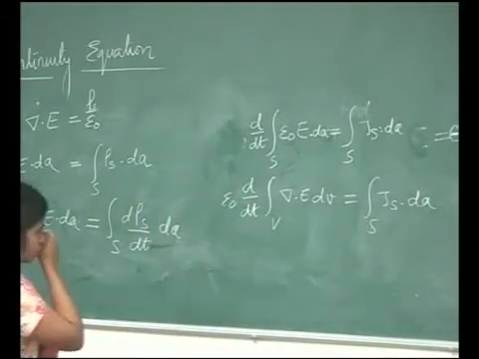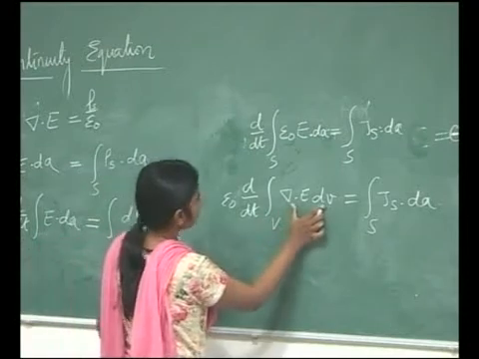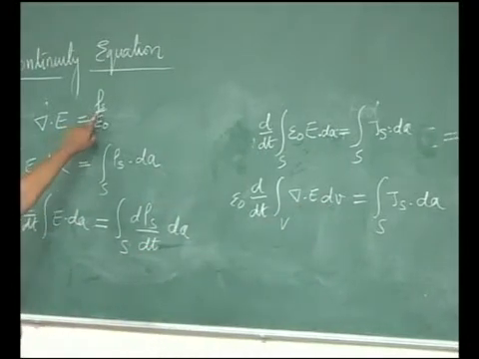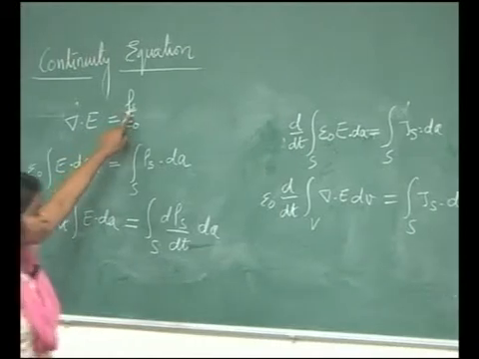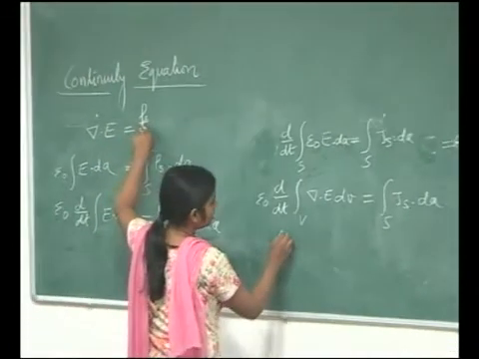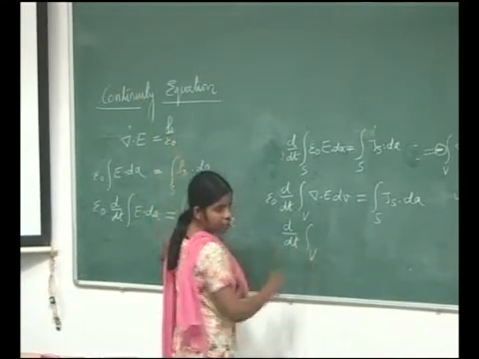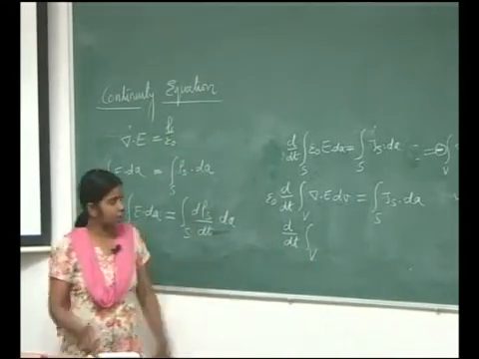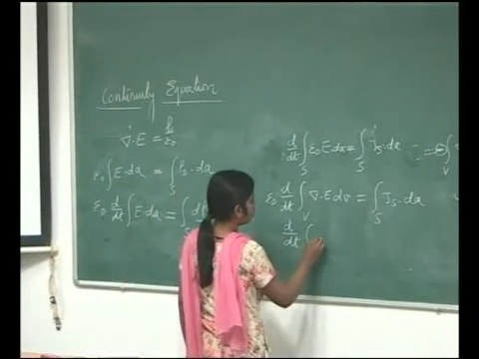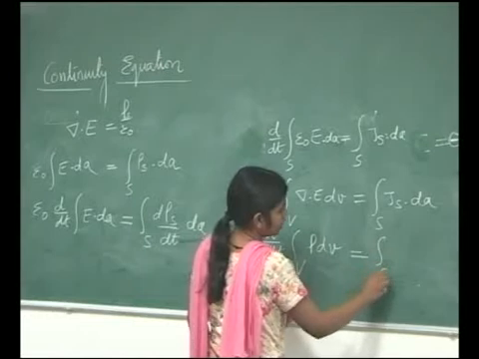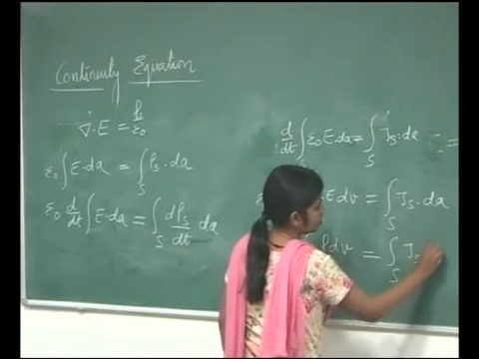So, this del dot E into epsilon naught will result in rho. Okay. So, I can write here that d by dt integral over V rho dV is equal to integral over S Js dot dA.